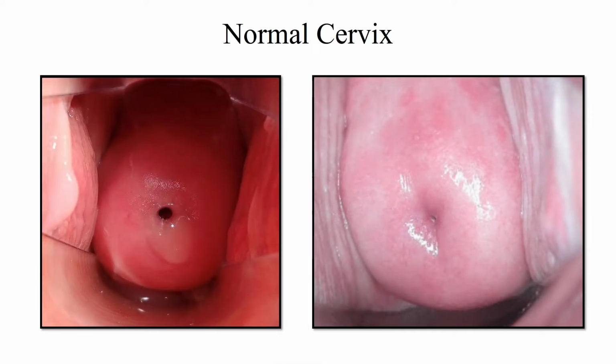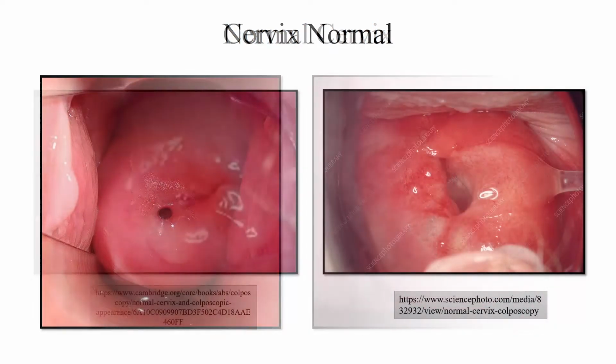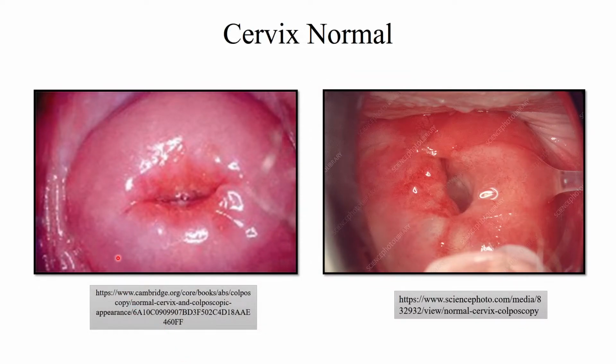This is a normal cervix on the outside, and here we can see the normal pink color, and here a zone of metaplasia. You can see this is slightly more red, and you can see actually the columnar epithelium. That's why it is more red than the other tissue surrounding it.